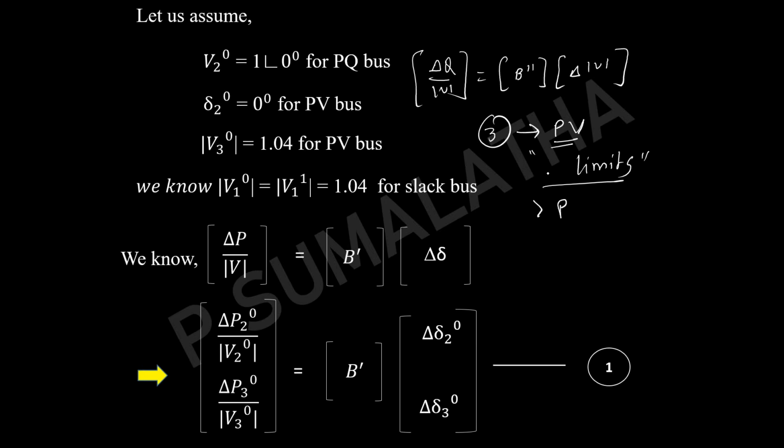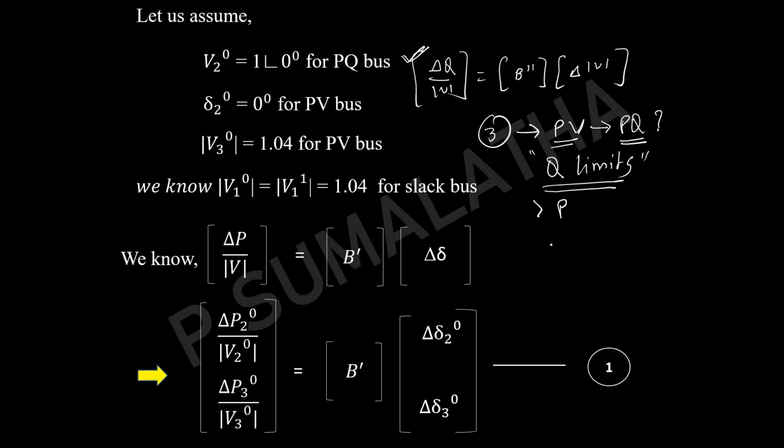Whenever they provide the Q limits, you have to pause and check whether there is any possibility of reconsidering this PV bus as a PQ bus. We reconsider the PV bus as a PQ bus whenever the Q limits are violated. So before putting this equation, you need to check the Q limits.